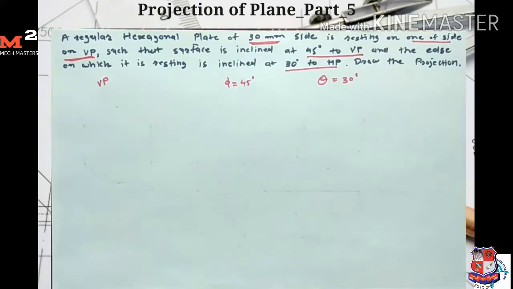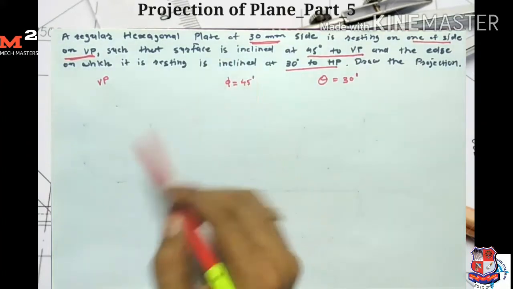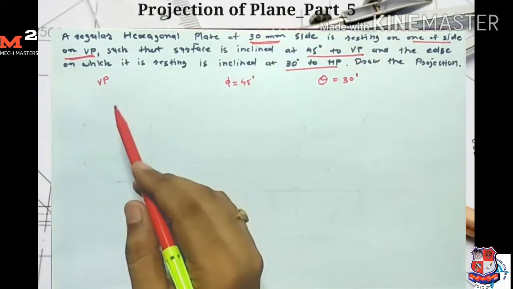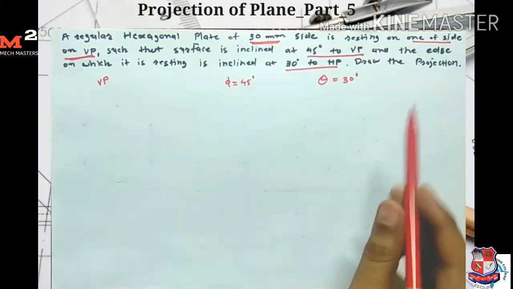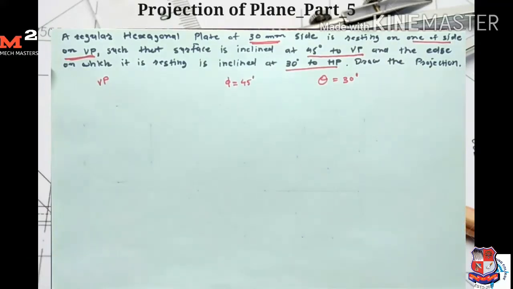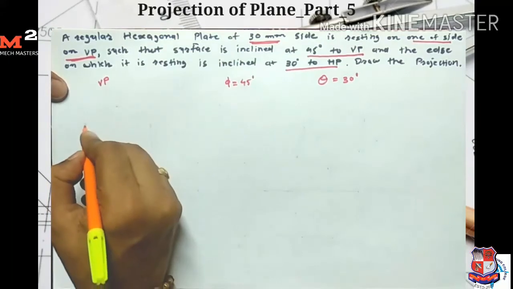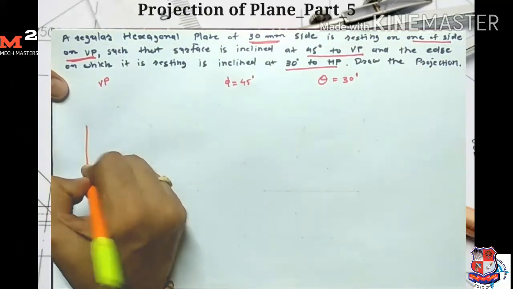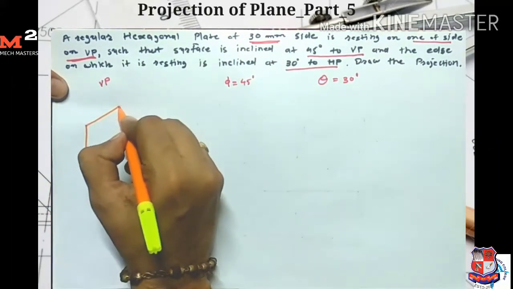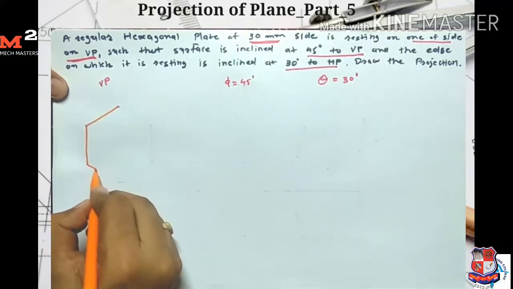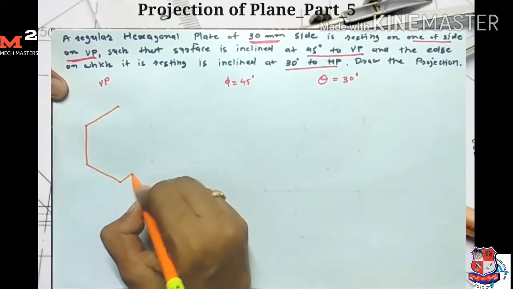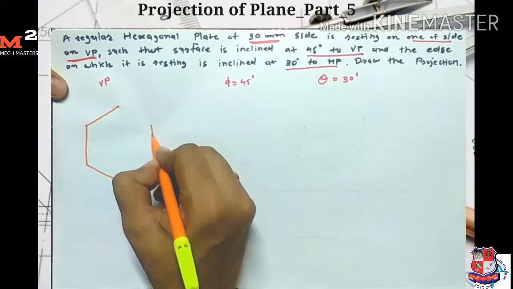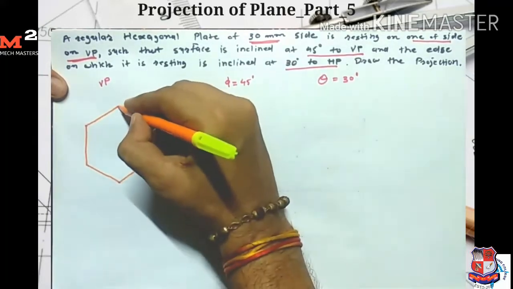So here first we draw the hexagon on the vertical plane, and the hexagon is resting on a side. So I draw the side here on the left hand side and draw the hexagon of 30 mm side. I explained the method of drawing the hexagon in the third lecture.